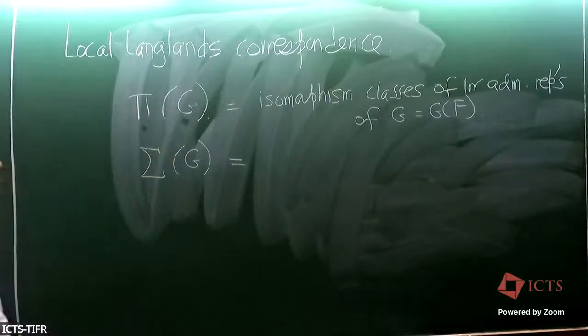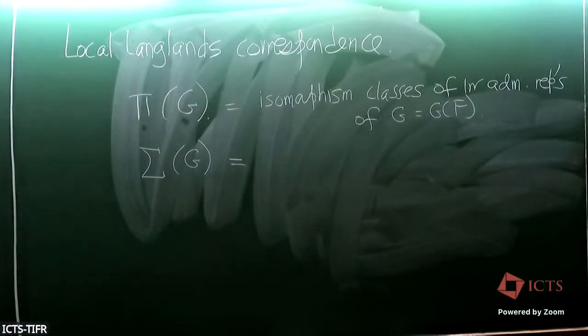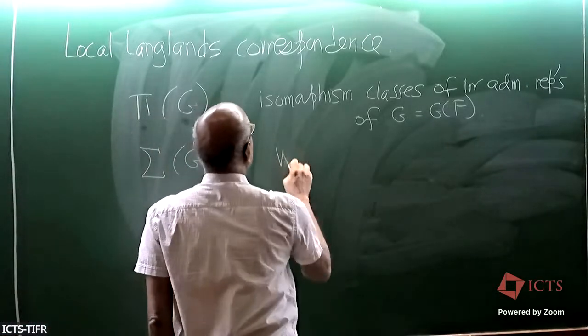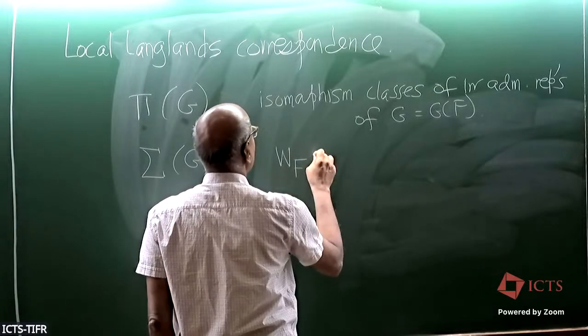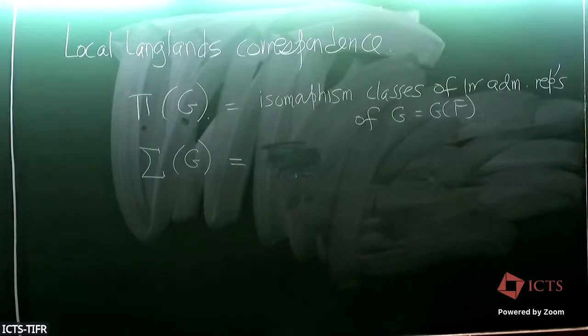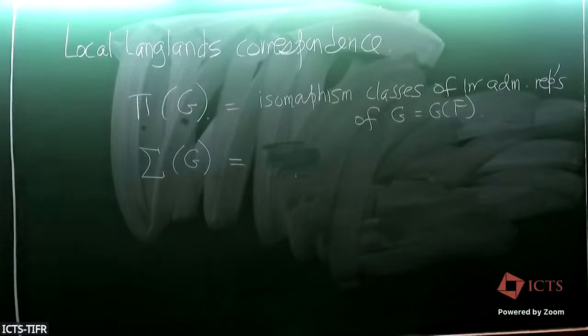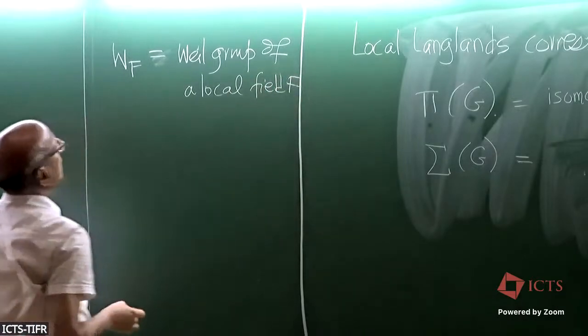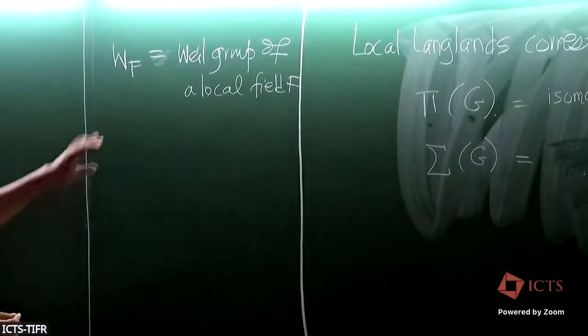I have the feeling that the Weil group has come up many times in many lectures, but there is this W_F. Maybe I say a few words. W_F is called the Weil group of a local field F. This is roughly the Galois group.